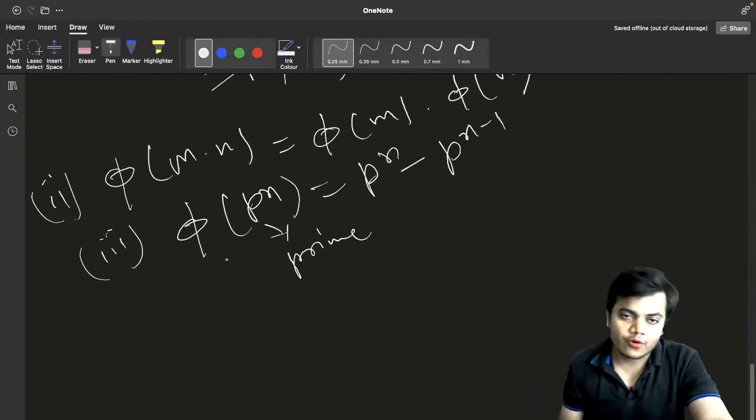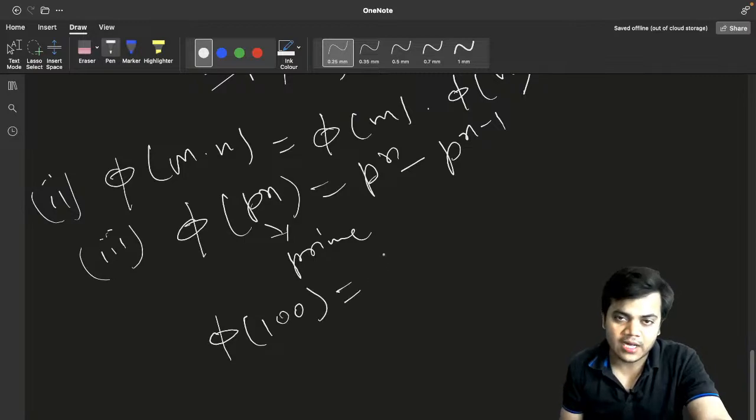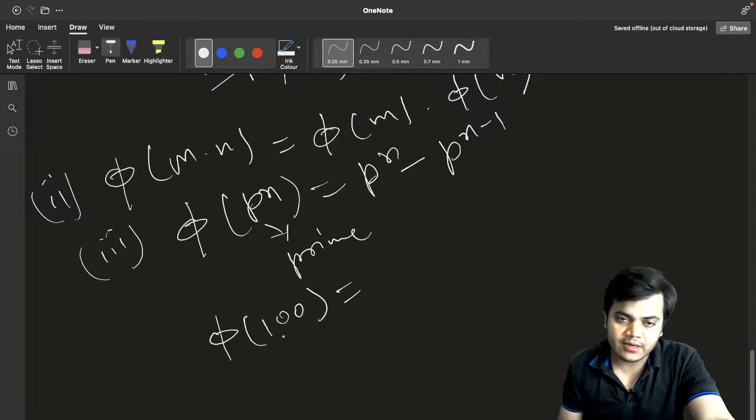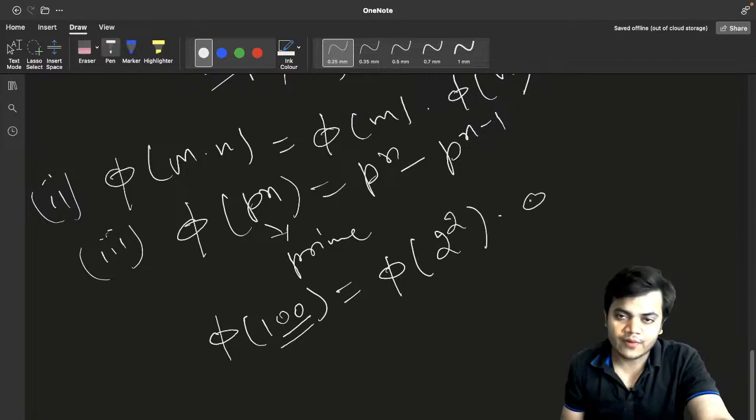Okay, so for example, if you have to calculate phi of 100 by using this formula, then you can say this is phi of 2 raised to the power 2 into phi of 5 raised to the power 2, and here you can say p raised to the power n minus p raised to the power n minus 1. So we will use this formula over here.